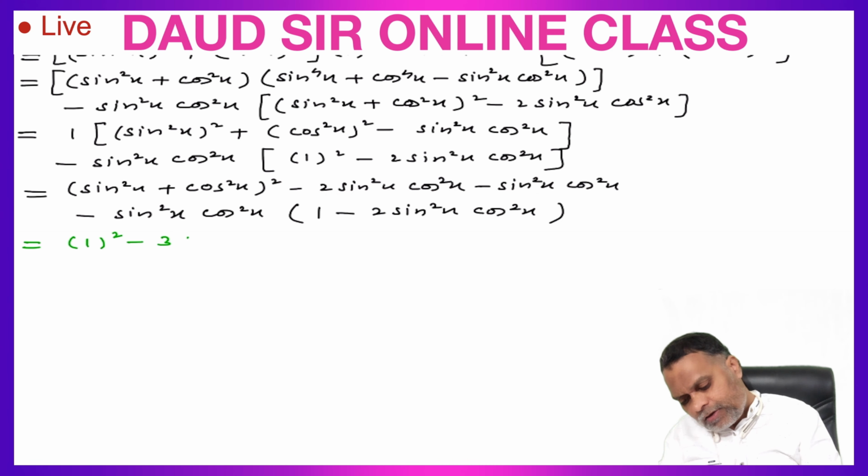cos square x, minus 3 times sin square x cos square x, and multiply this minus sin square x cos square x here.